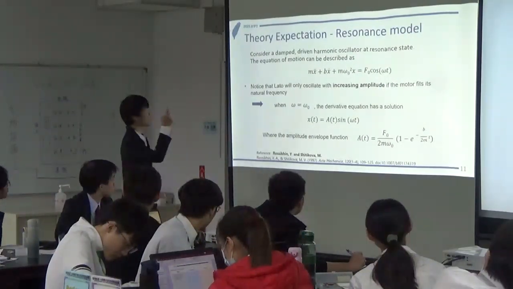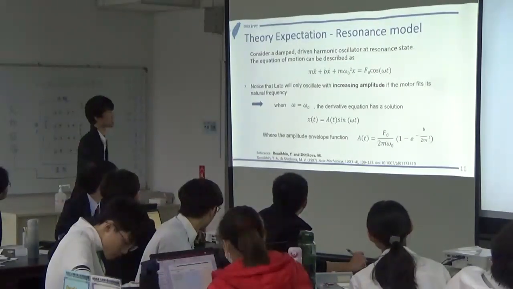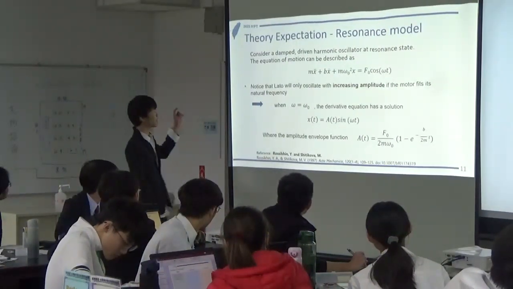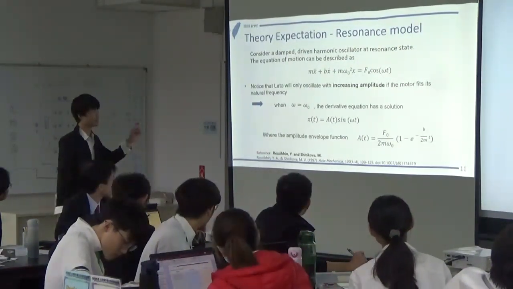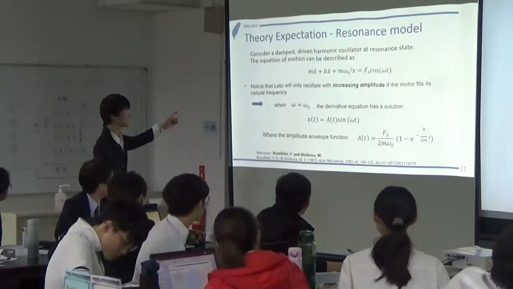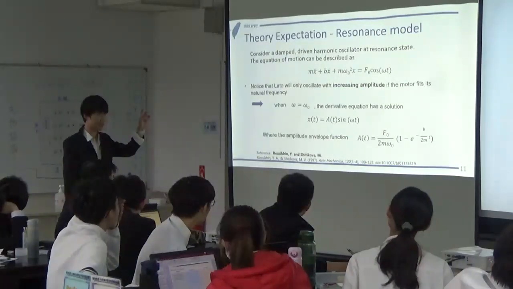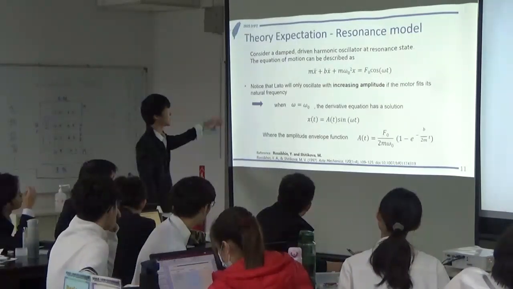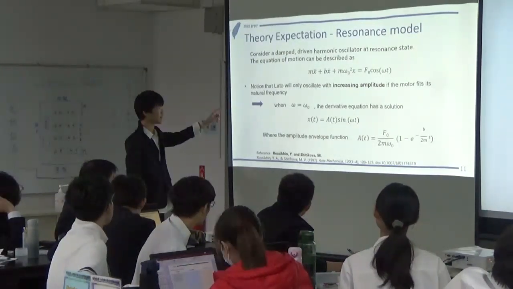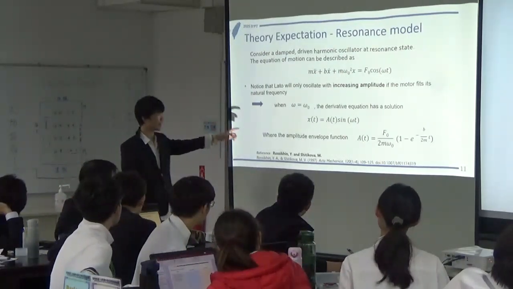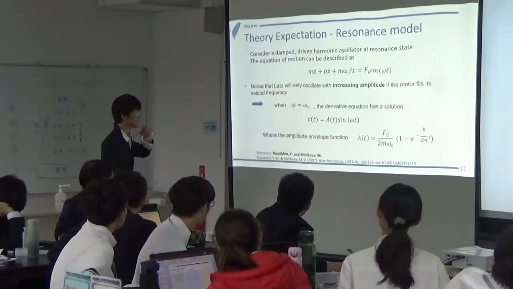First is the theory expectation. If we consider the damping motion of the Lato, the motion equation can be written like this.